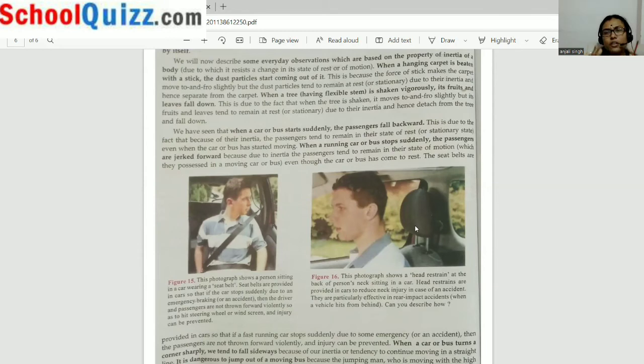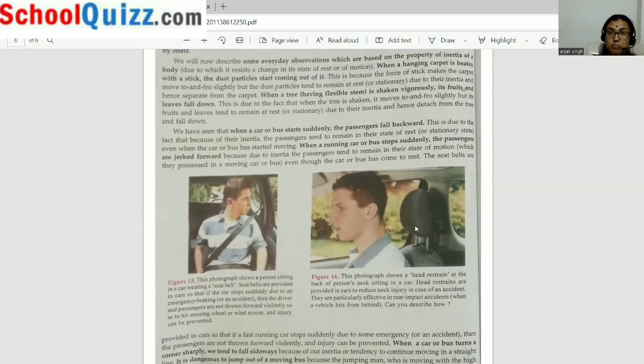Otherwise, when any vehicle starts suddenly, the person will move backward. When you are in a train or a bus and the bus starts suddenly, what will happen?